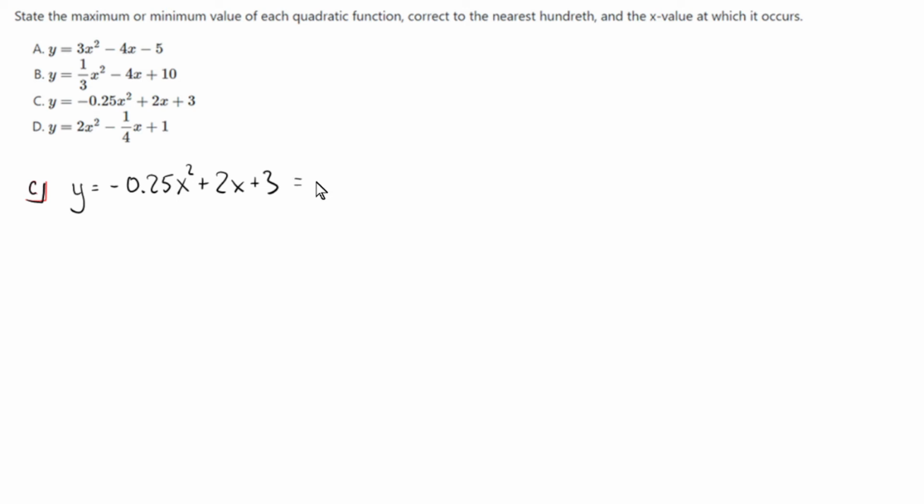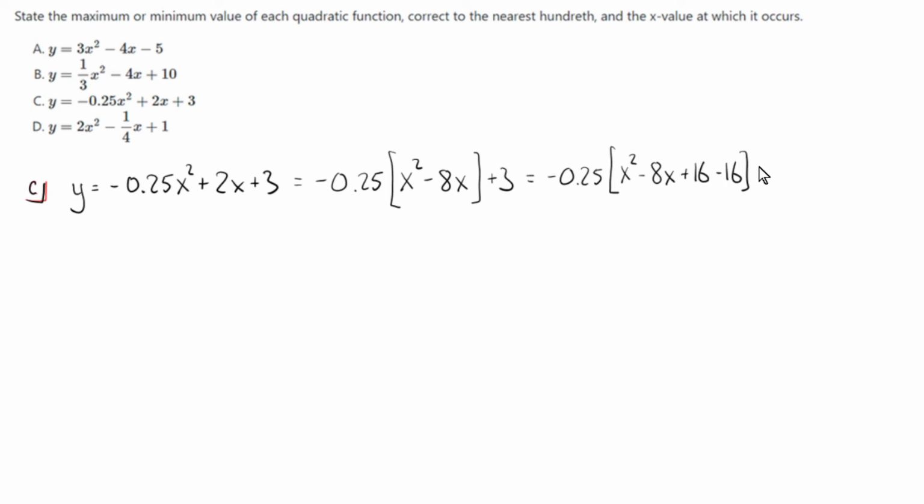So if we factor that out, we get negative 0.25, and then we're left with x squared minus 8x and plus 3. We complete the square. So we take 8 divided by 2 to get 4 and square it to get 16. So plus 16 minus 16 plus 3.